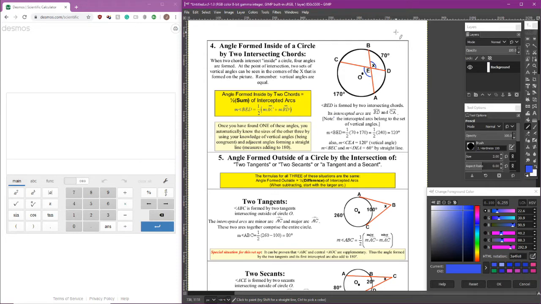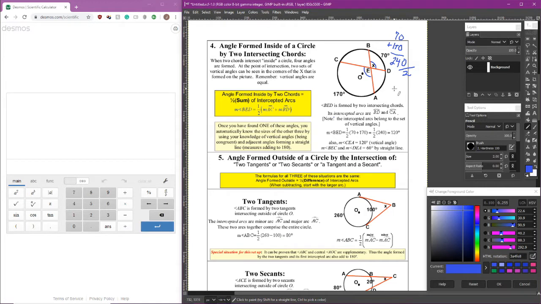So 70 plus 170 equals 240. And then, like the formula says, after we add them up, we take half of it. So when you take half of something, you divide it by 2. So let's divide 240 by 2.